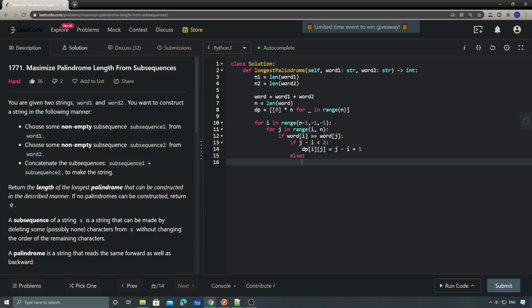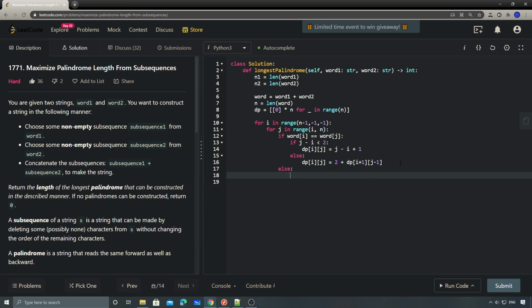Else, if there are more letters in between, then we do dp I j equals 2 plus dp I plus 1, j minus 1. This is after removing this I and j, so if there's anything in between, then we accumulate that.